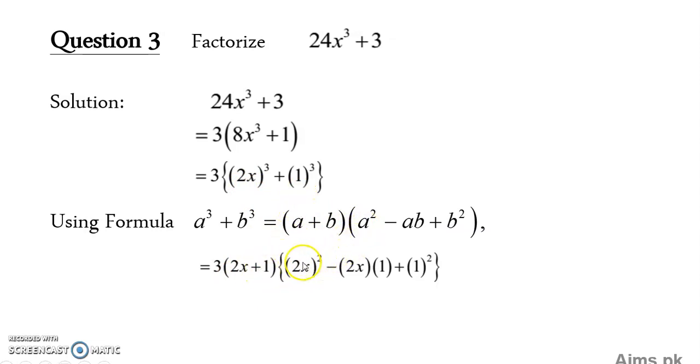Then a square, a is 2x in this case, 2x square, minus a into b, a is 2x, b is 1, plus b square, b is 1 in this case. So here we have factorized this expression. It is very easy. This is our required answer.